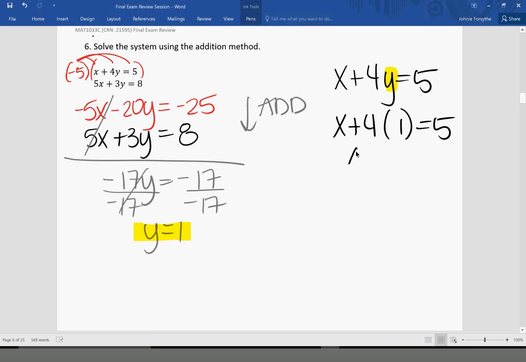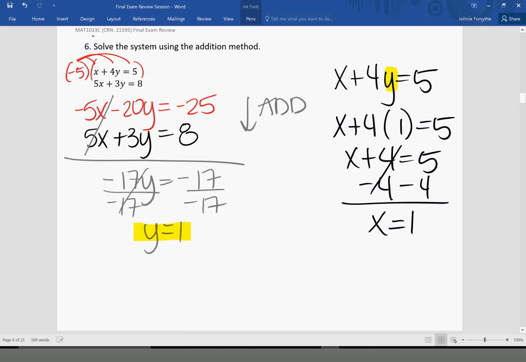So 4 times 1 is 4, so x plus 4 equals 5. Then to solve for x, I will subtract 4. So x equals 1. That's the other half of my solution. So my solution is the point x comma y, which in this case will be 1 comma 1.